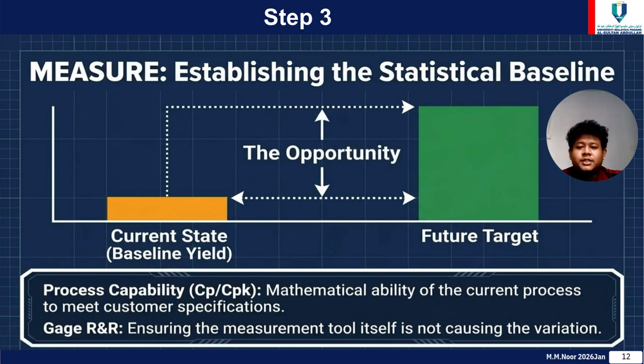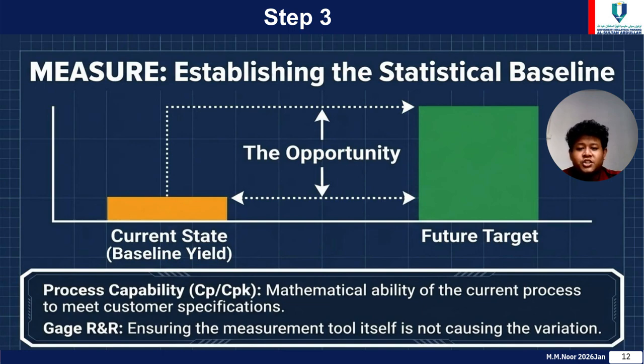Step 3 is establishing our statistical baseline. This creates a clear baseline yield of our current state, which allows us to accurately map the opportunity and distance to our future target. To achieve this, we calculate process capability expressed through the statistical indices Cp and Cpk.